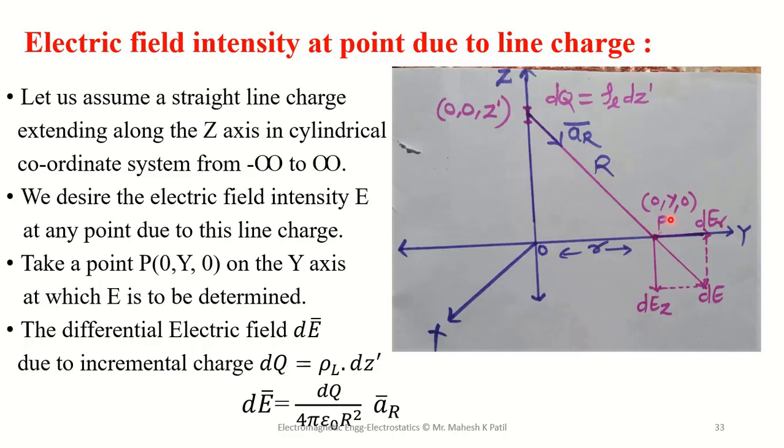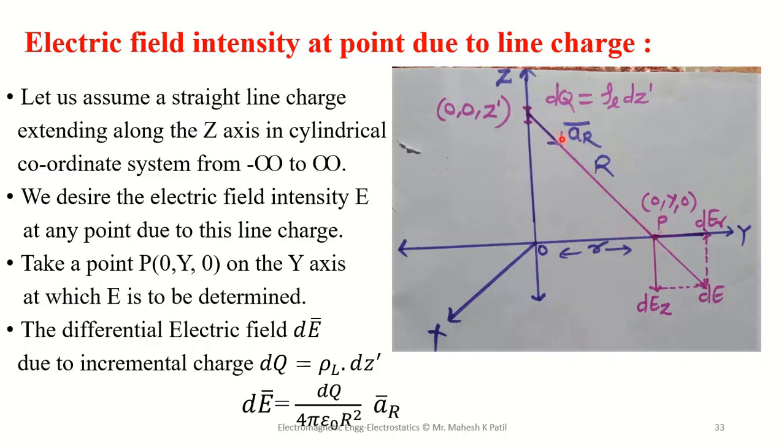At this point we are going to calculate the electric field intensity due to this entire line charge. This line charge is on z-axis, going from minus infinity to plus infinity, and we desire to calculate the electric field intensity at this point P.